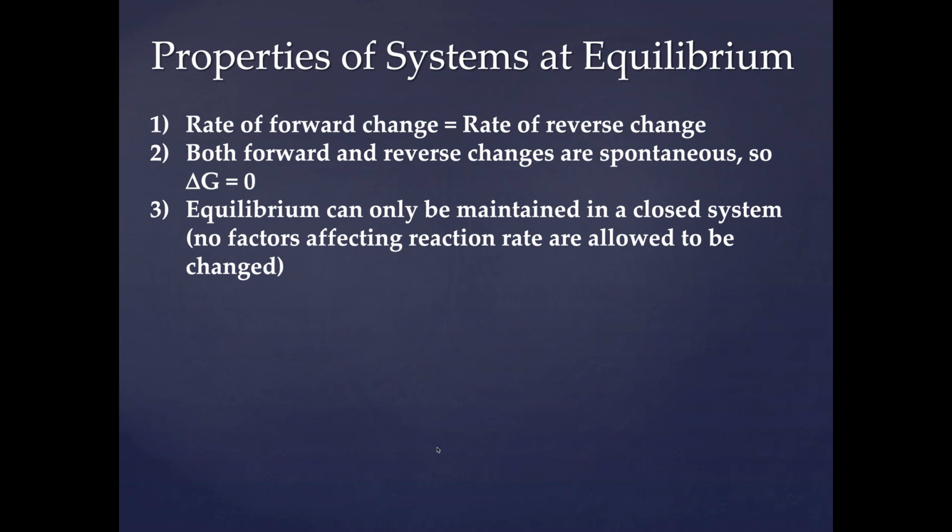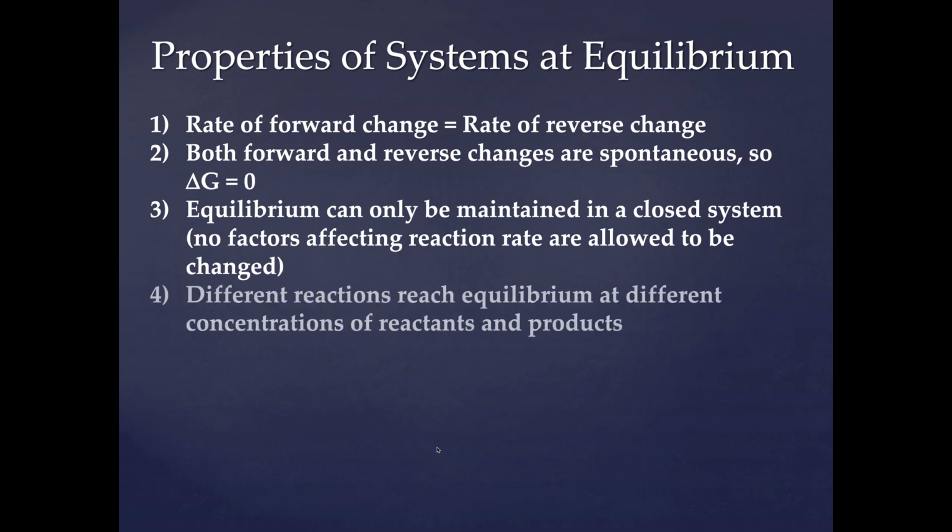As long as you don't allow any factors that affect reaction rate to change, then equilibrium can be maintained indefinitely, but only in a closed system. And by the way, we call this kind of equilibrium dynamic equilibrium because it's not just sitting there, it's constantly in motion. When you're just standing on a treadmill and neither is moving, you're not at equilibrium. Equilibrium is only achieved when there's movement, and that's why it's called dynamic equilibrium.